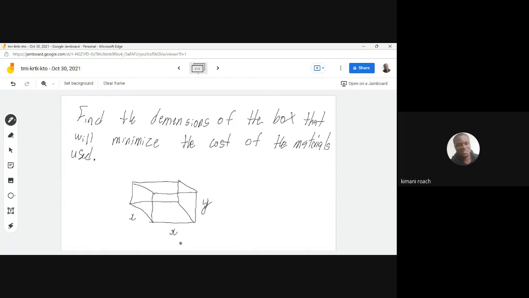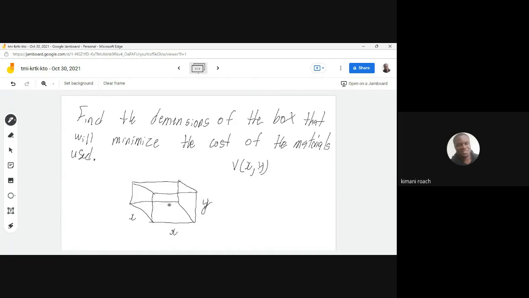Now, there are two things that we need to look at. One, we know the volume of the box, which we're going to call V(x,y), taking into consideration all three dimensions.